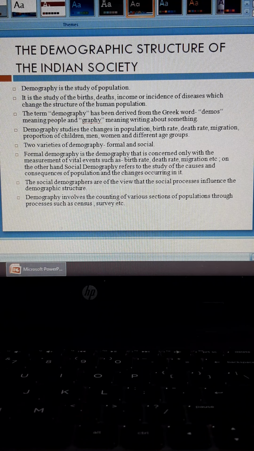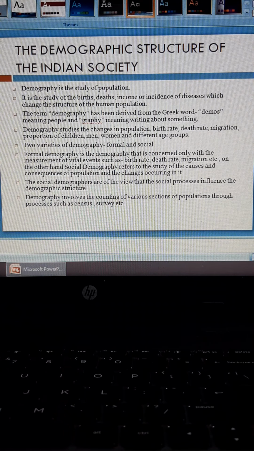The third point, the term demography has been derived from the Greek word demos, meaning people, and graphy, meaning writing about something. So in very simple words, in demography you study people, the number of people or the population in a particular country.